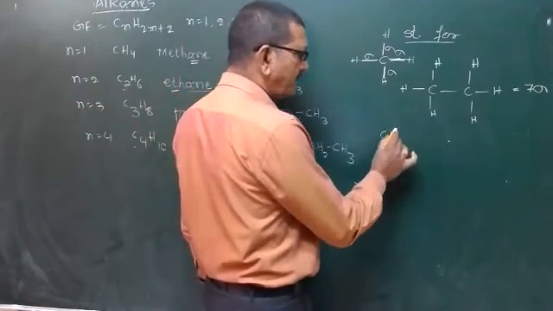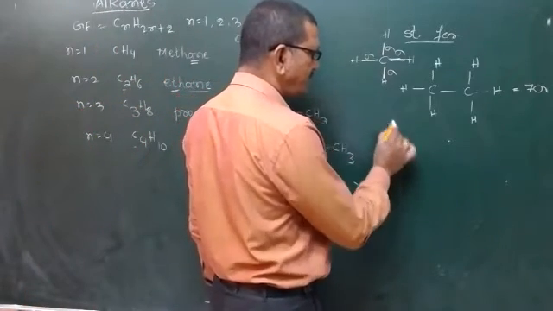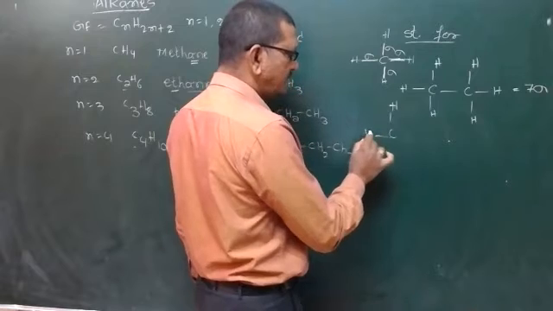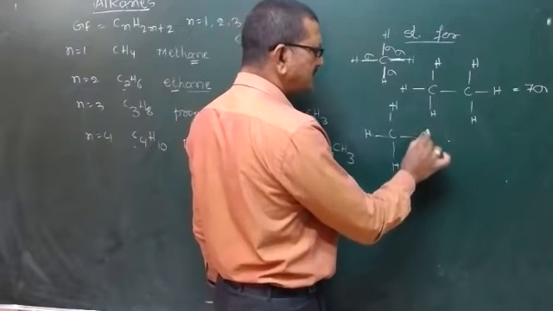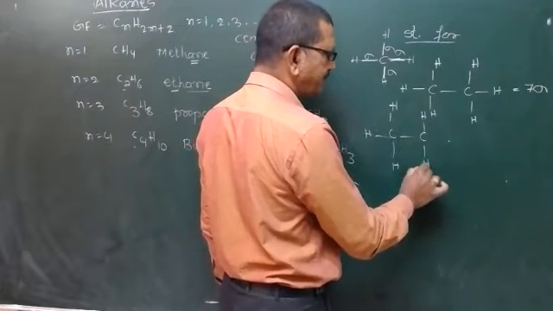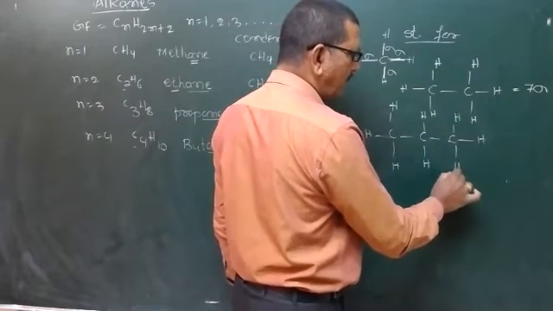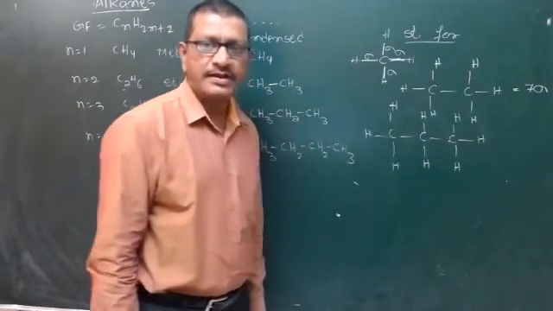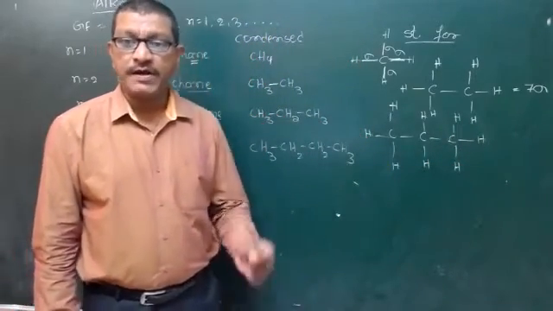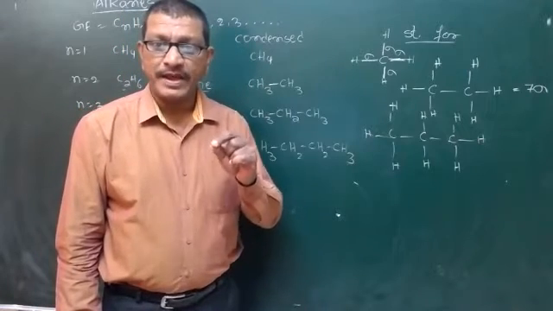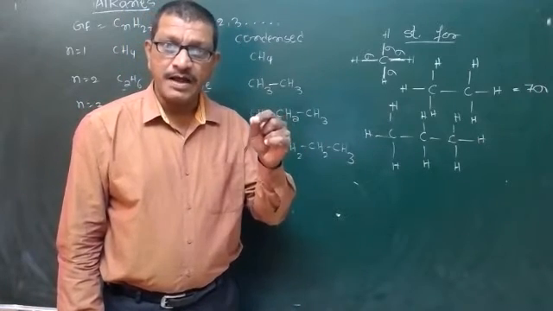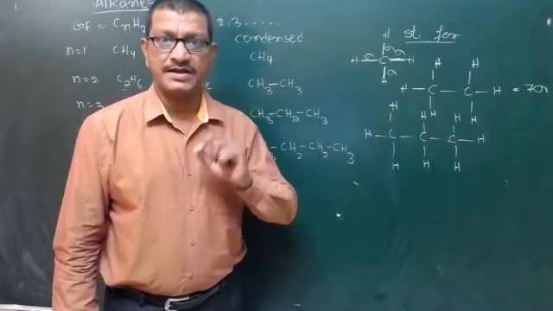The next one we can take is the molecule propane. Propane is CH3, CH2, CH3. All hydrocarbons give single bonds. So not only in these molecules, in every alkane molecule, hydrogen always gives a single bond with the carbon atom, and carbon also gives a single bond with the carbon atom.